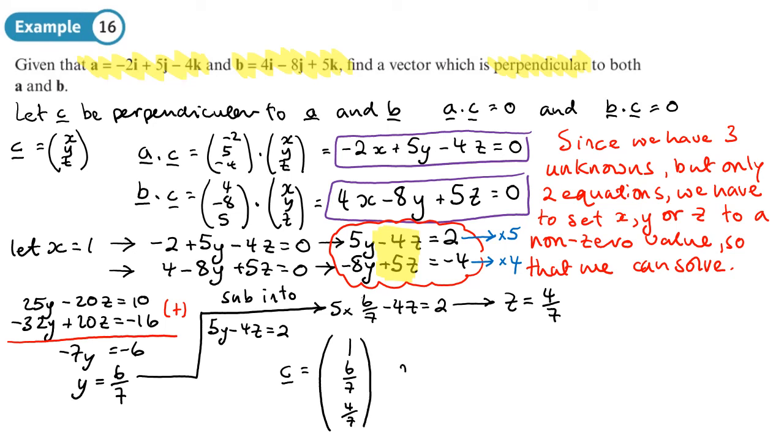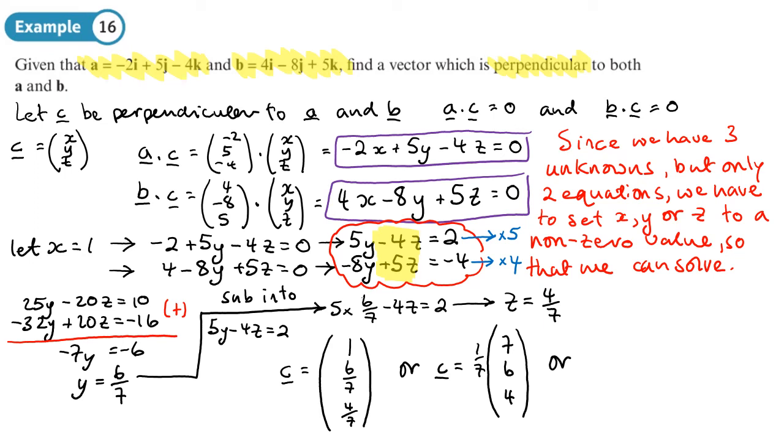Or we could take the 1/7 out, like this, and then write it as 7, 6, 4, or actually any multiple of that. Because all we're doing is changing the length. It's still going to be perpendicular to both.